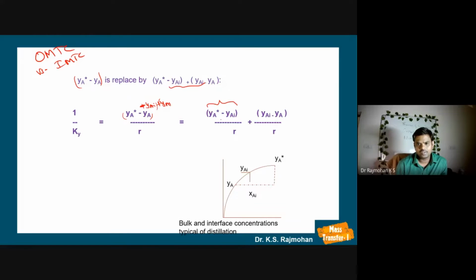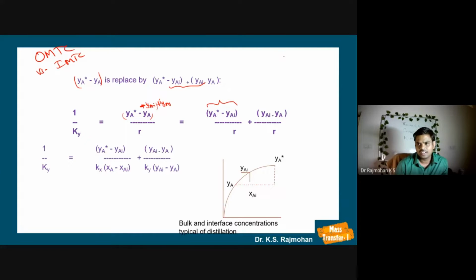Then, as per the individual mass transfer coefficient definitions, we can relate this now. So we can write 1 by capital Ky equal to... what is r? By definition r can be written as kx into xa minus xai.